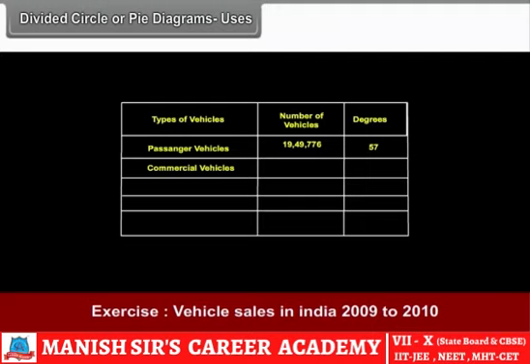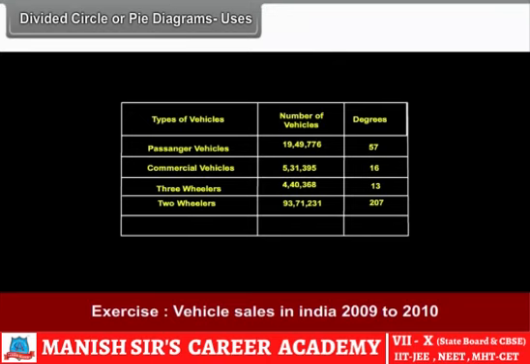Commercial vehicles 53 lakh 1,395, 16 degrees. 3 wheelers 44 lakh 368, 13 degrees. 2 wheelers 9 crore 37 lakh 1,231, 274 degrees. Total 12 crore 29 lakh 2,770, 360 degrees.